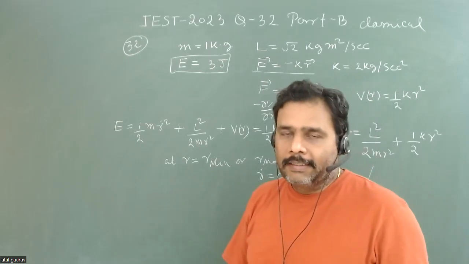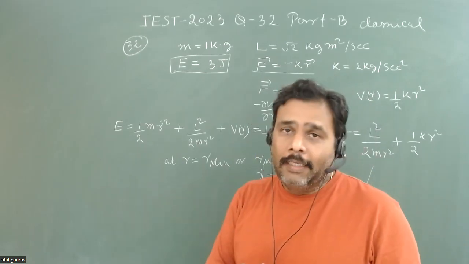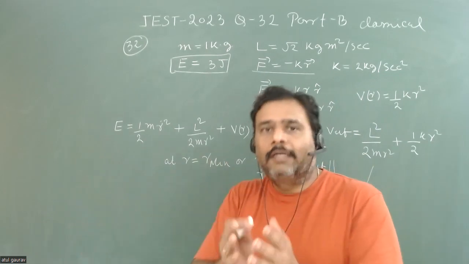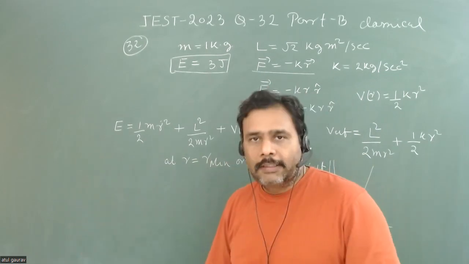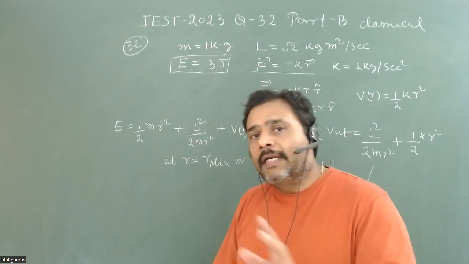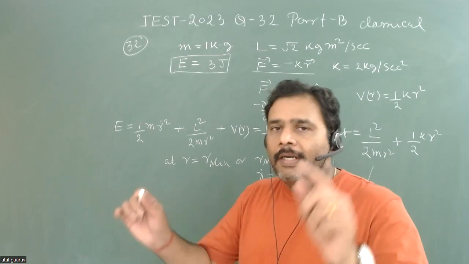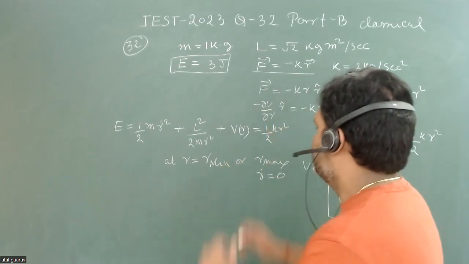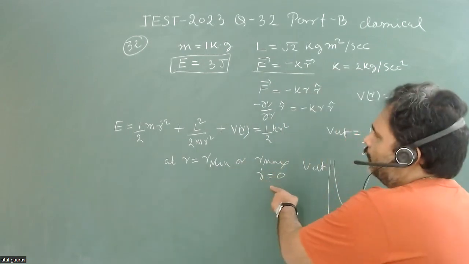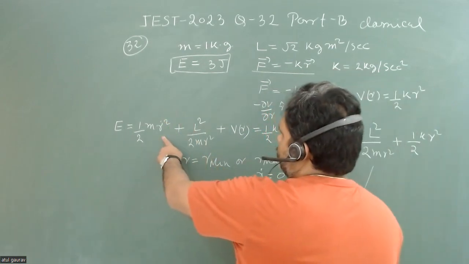This is very interesting. If we are getting only one, that is r minimum equal to r maximum, that is one turning point, which means the orbit is circular in nature for that particular radius. But if you are getting two real points, that means the particle is bounded. So let's try to check it. And this is a very important concept, that at the turning point, the translational kinetic energy is 0.